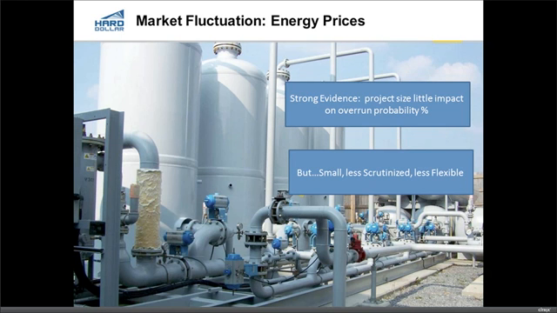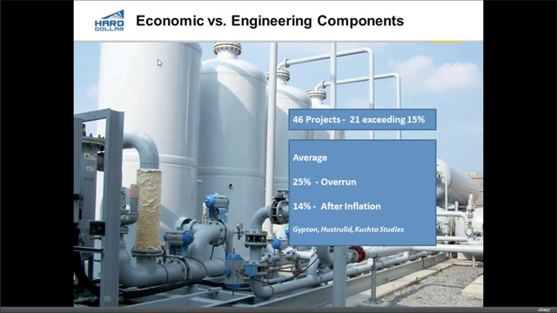Mining, the study with 46 or 47 projects over the 20-year period we covered last month, had a greater impact. We're going to get into specifics about why we think that is, and what we can do to fix it. In this particular case, the Gypton study down below: 46 projects, 21 exceeding 15% overruns.